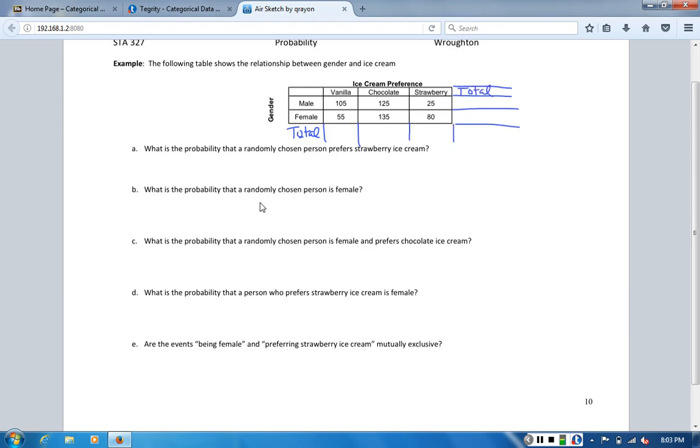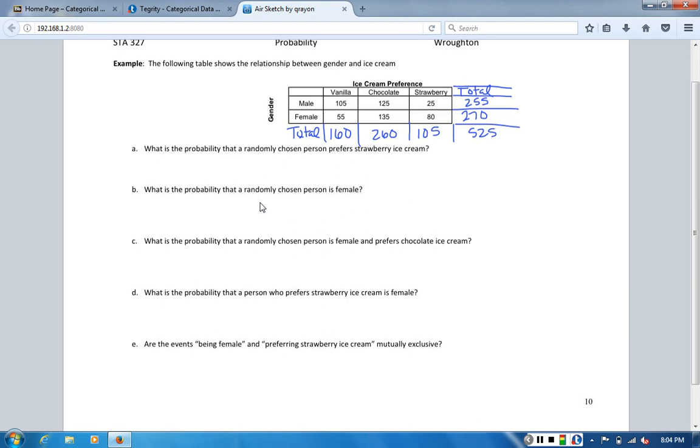So I'm going to add up all my men. Going to add up all my women. Going to add up all my vanilla, chocolate, and strawberry. So I have all this.